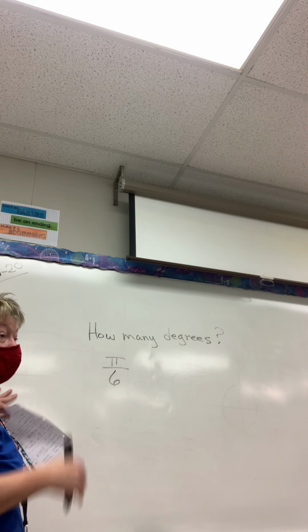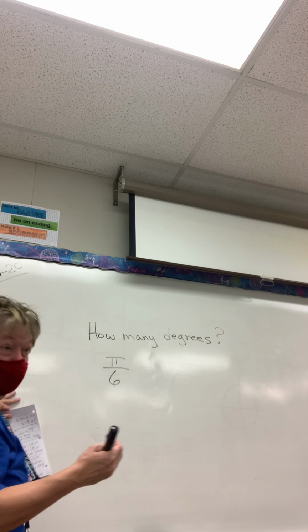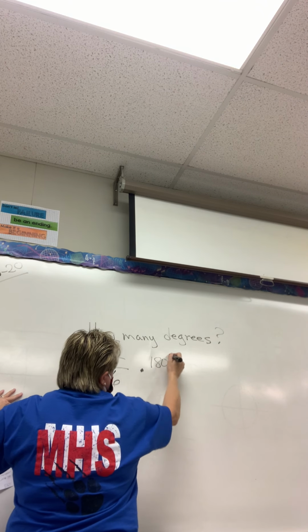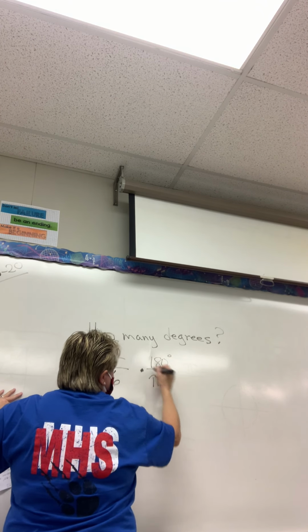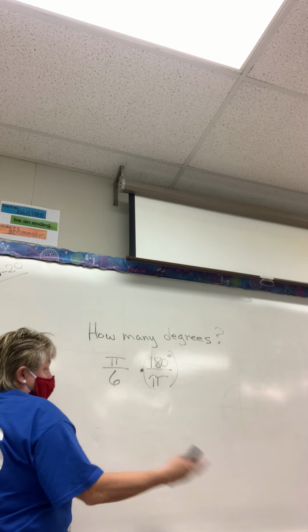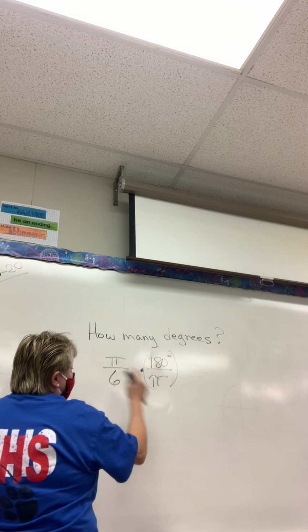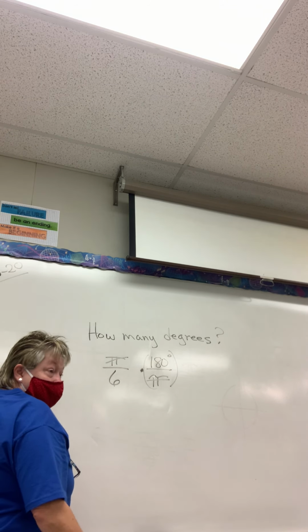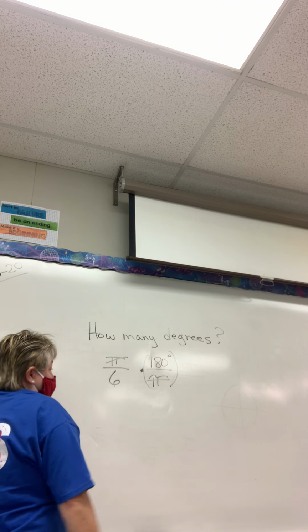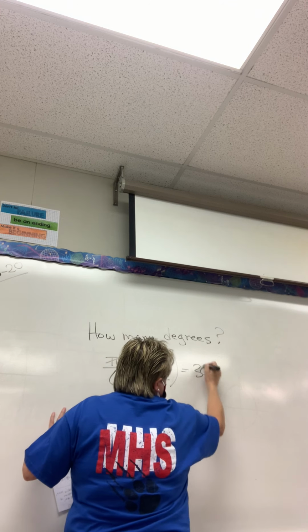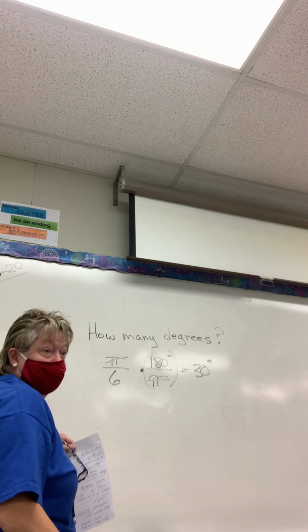If it's pi over 6 radians, we're going to multiply by 180 over pi to convert it back to degrees. Mathematically it doesn't have anything to do with it, but if I put a pi on the bottom, I can cancel those out and get rid of them, which is what I want. So if I take 180 and divide by 6, that's 30 degrees.